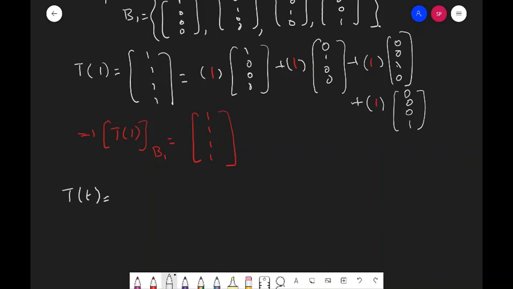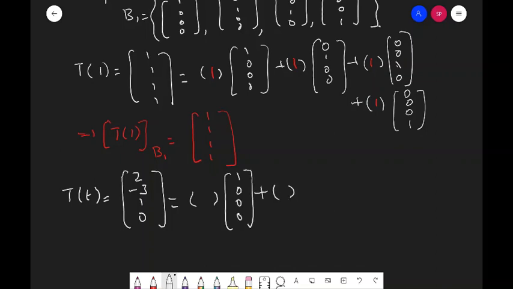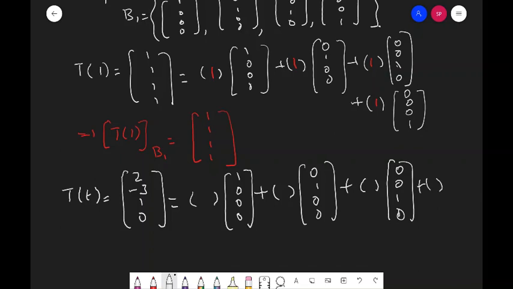T of t is equal to minus 2, 3, 1, 0. So this is also equal to some scalar into 1 0 0 0, we should write like this, another scalar into 0 1 0 0 plus another scalar into 0 0 1 0 plus another scalar into 0 0 0 1.